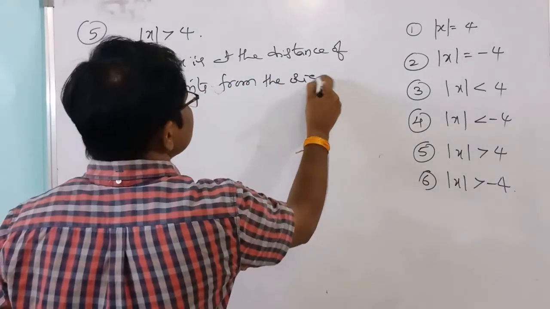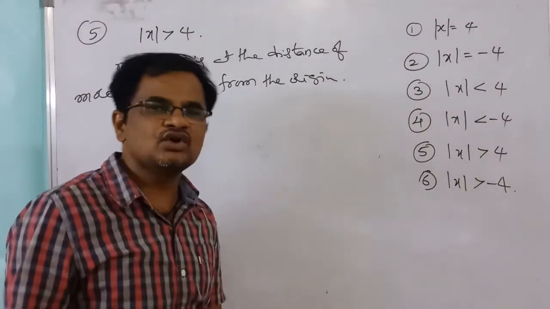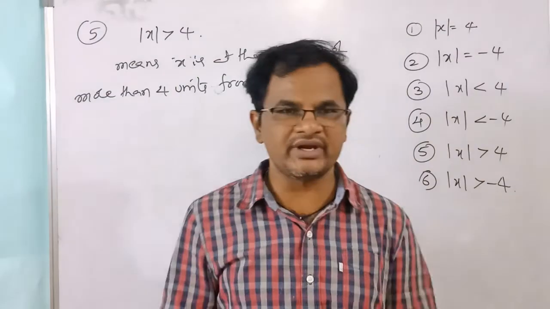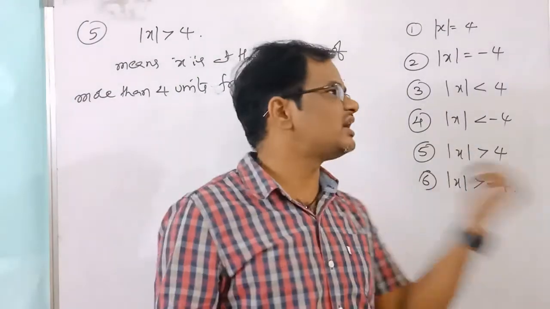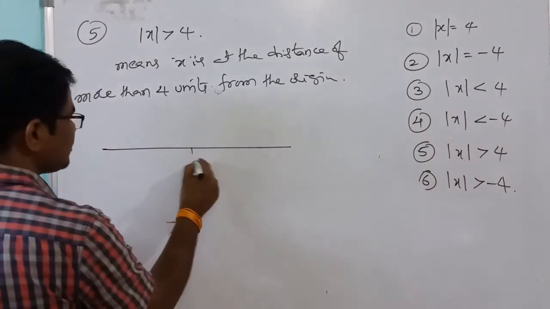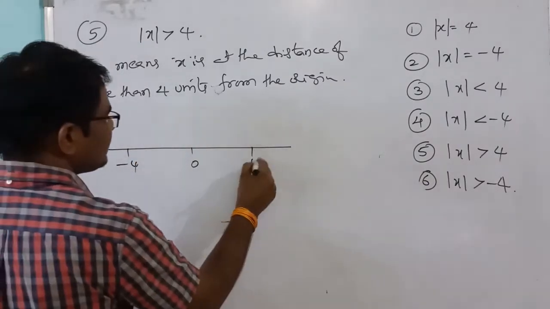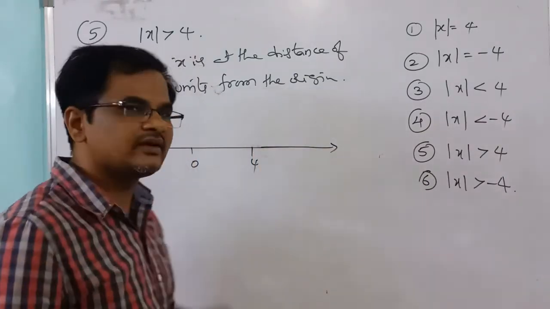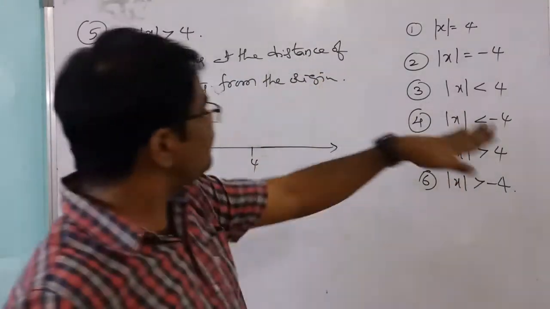From the origin means nothing but x is located or distance covered more than 4 units on the left and right side of the origin. Means here if you take 0, here -4, here +4. Means we are measuring the distance of more than 4 units.